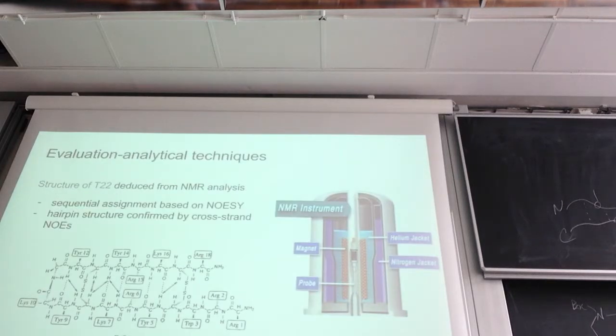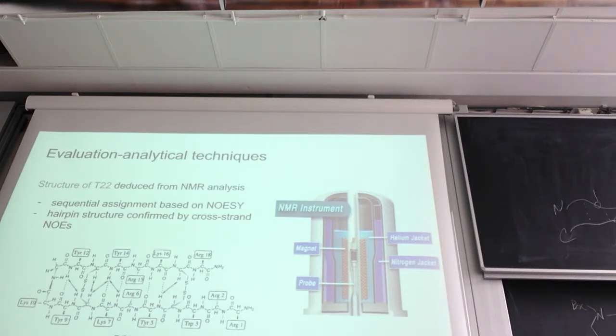Then we have other techniques such as NMR, and since short peptides are not prone to preserve secondary structure, and poor stability can decrease binding affinity, it's important to ensure that the structure is adequate.